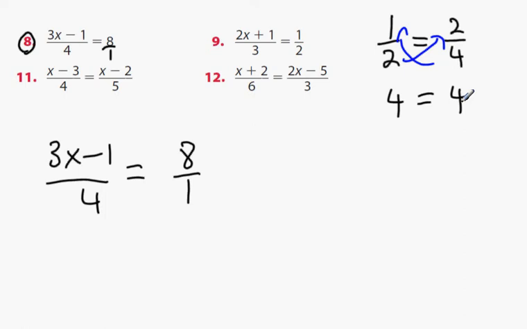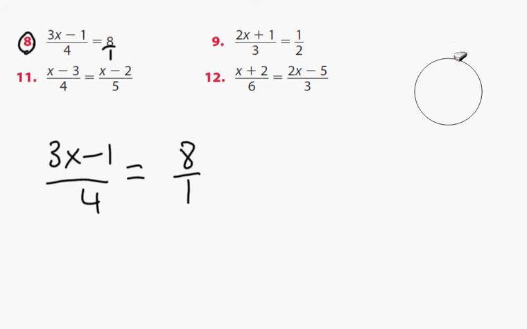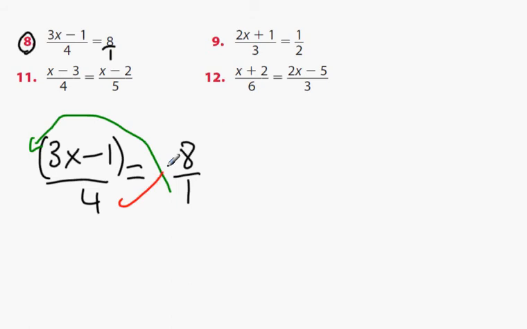Now, the next thing we've got to do is, so we know that this works, right? Cross multiplying, we know it works. So we're going to do the same thing here. The 1 is going to go up beside the 3x minus 1, and the 4 is going to go up beside the 8.